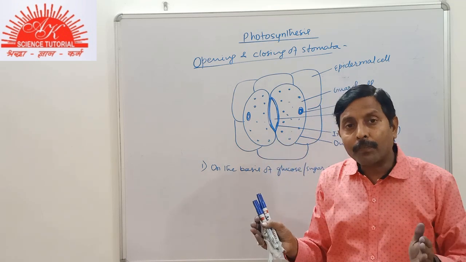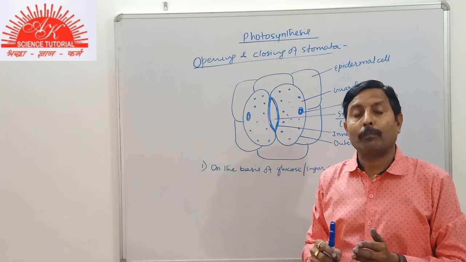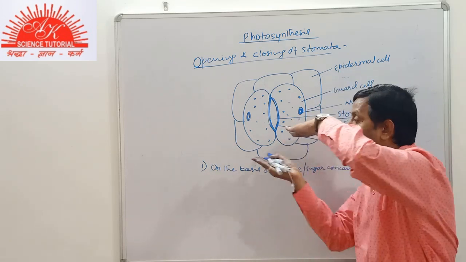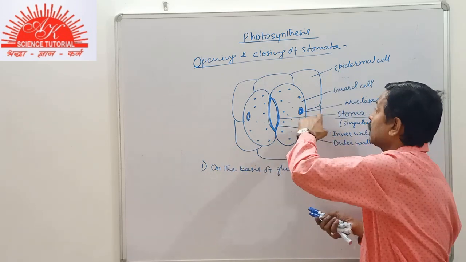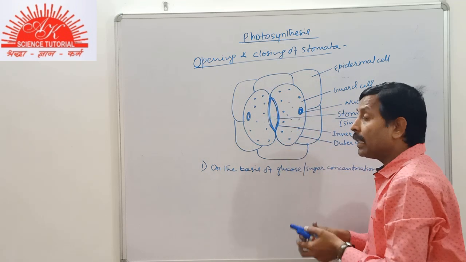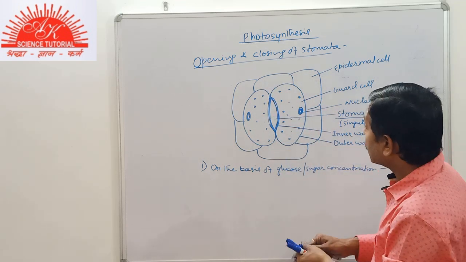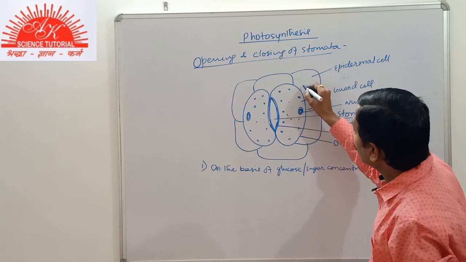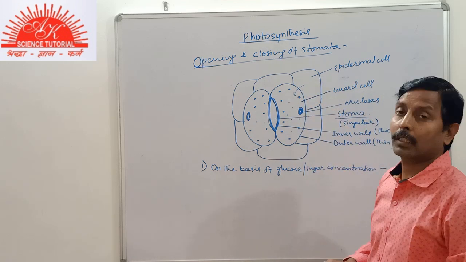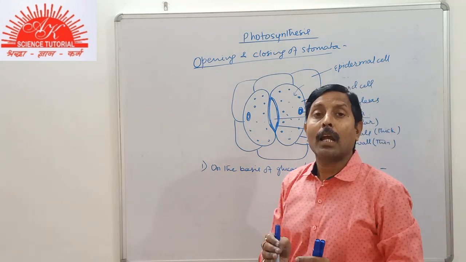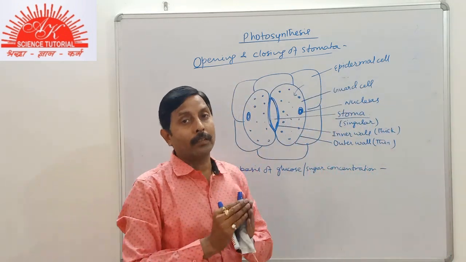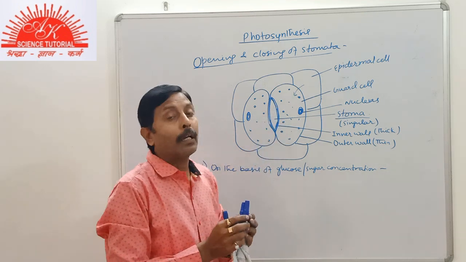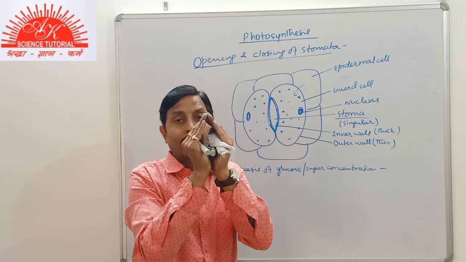The concentration of cell sap becomes hypertonic with respect to the surrounding epidermal cells, that is these cells. Since its cell sap becomes hypertonic and the surrounding cells are hypotonic, endosmosis takes place. As a result, guard cells become turgid and the inner thicker wall bulges outward.